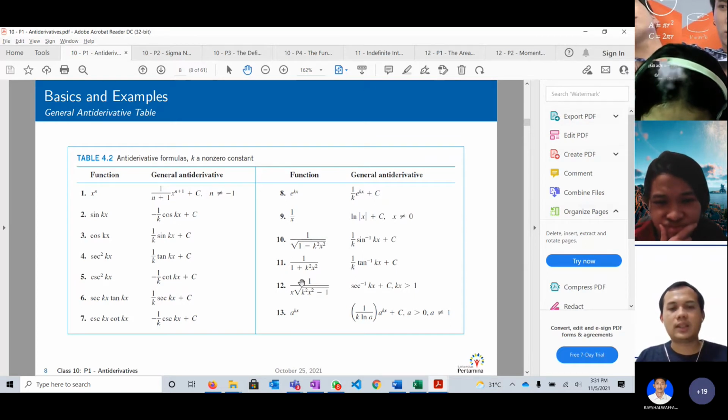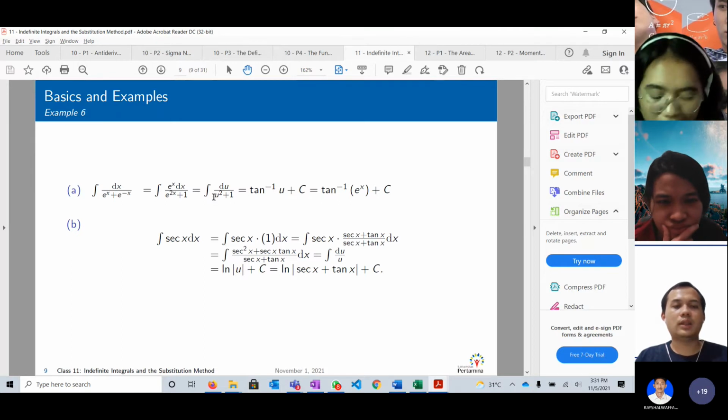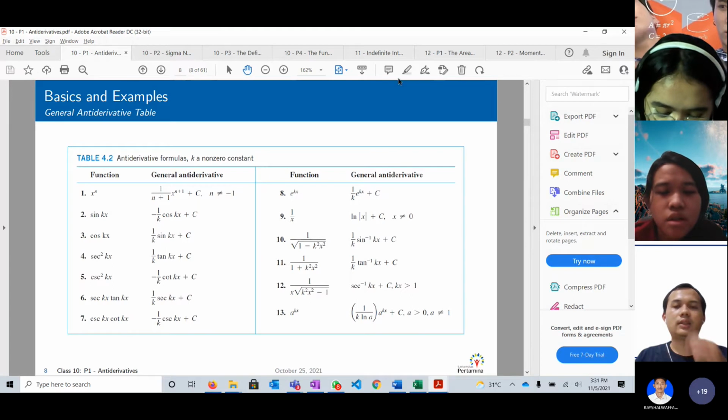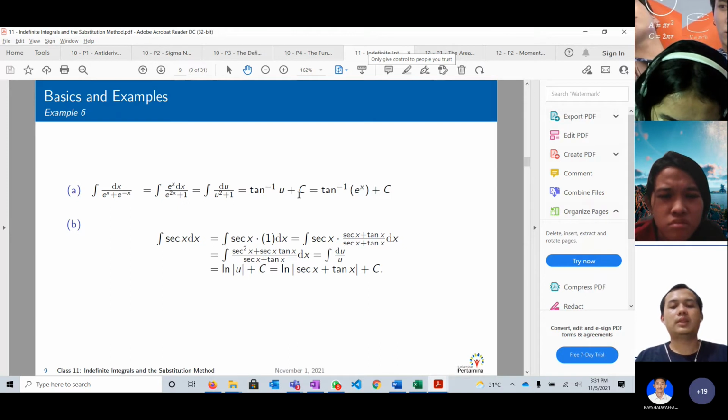So we have that the k is 1. Jadi k-nya 1 di sini karena tanda yang ada x kuadratnya ada di situ. Then we know that the integral is tangent inverse of u plus c. Now we substitute back u to be equals to e power x.